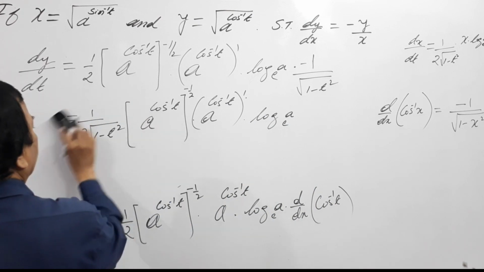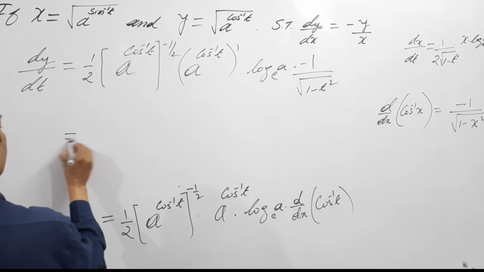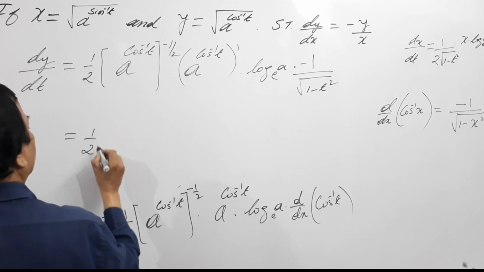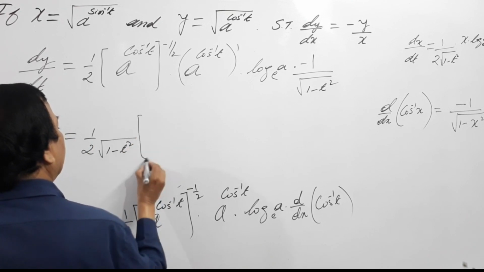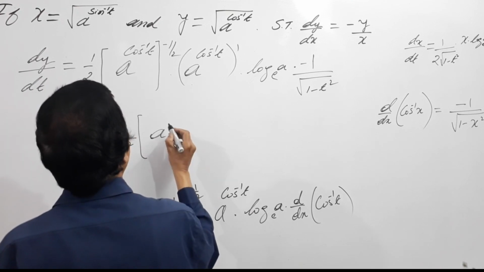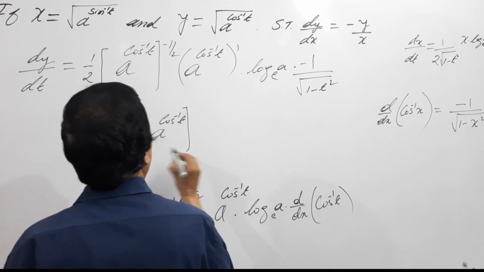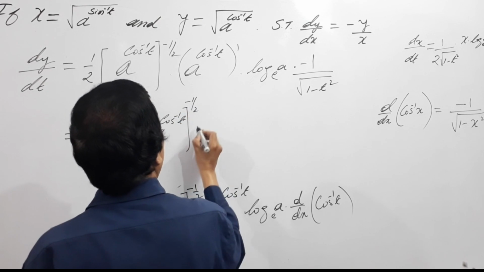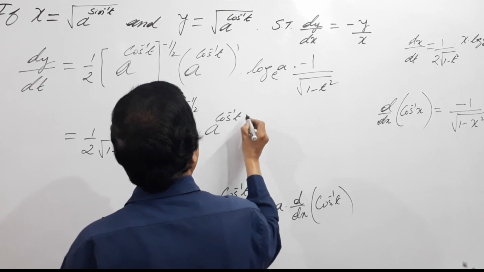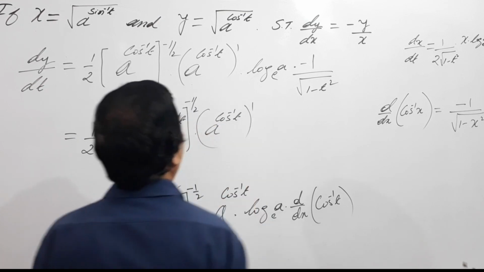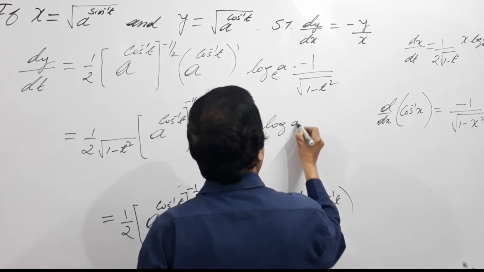I'll write it a little below, you'll get confused. So this is half, I'll bring the t square here, 1 minus t square. This is a to the power of cos inverse t to the power of minus half into a to the power of cos inverse t, I will write it within 1. So I will write this log a to base e.